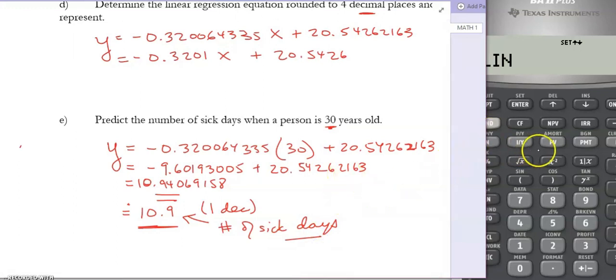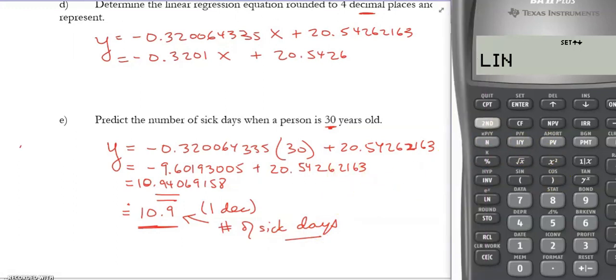All right, now using our calculator, once again, let's go to our calculator. If we have our data in there, we'll go second stat, scroll down until we get to x prime, and we're going to put in 30, hit enter, scroll down, and hit compute, and sure enough, there's the same value.